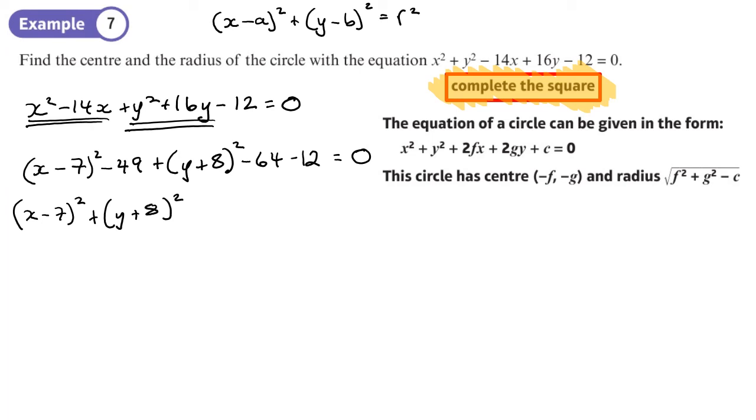Then I'm going to move all the numbers to the other side. And I can use that to help me find the center. So x minus 7 squared plus y plus 8 squared equals 49, 64 and 12. So 49 plus 64 plus 12 gives me 125.